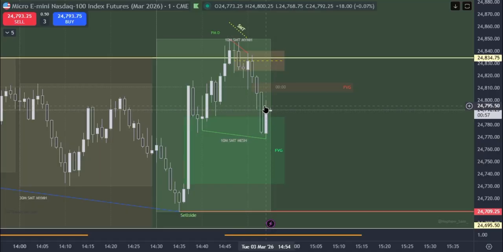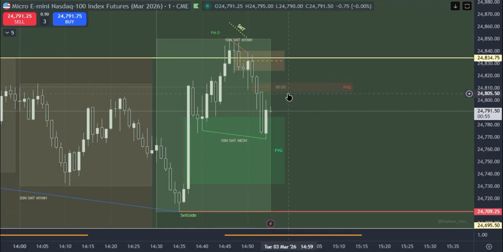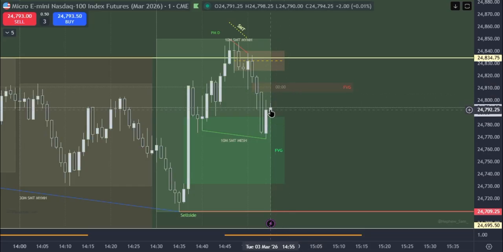And you could push the button there, but you're just going to have a huge stop loss. So I'm just going to wait a little bit more. That could have been just an immediate rebalance there. Let's see if we go up a little bit more.